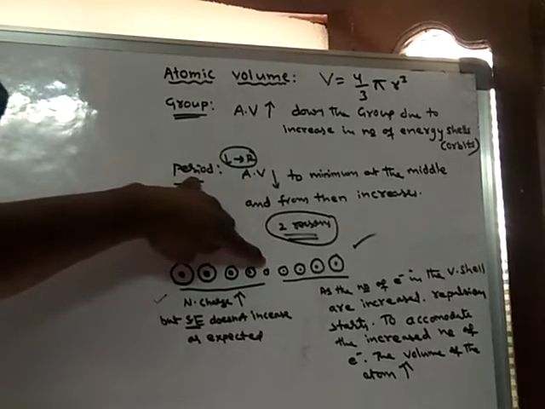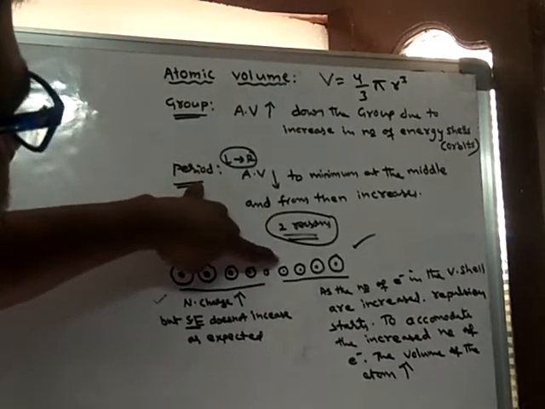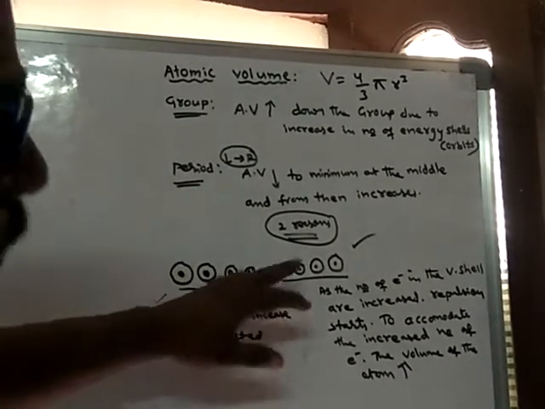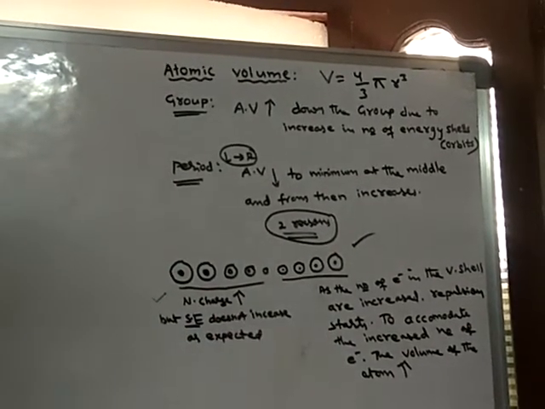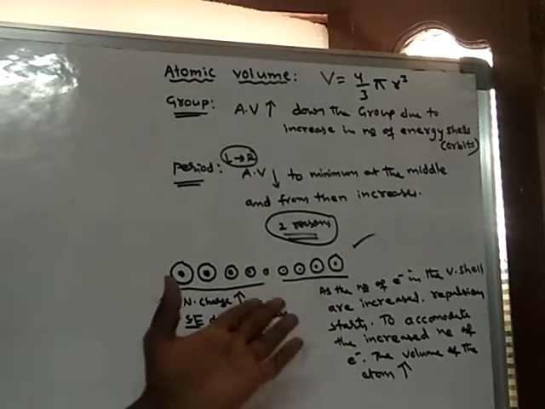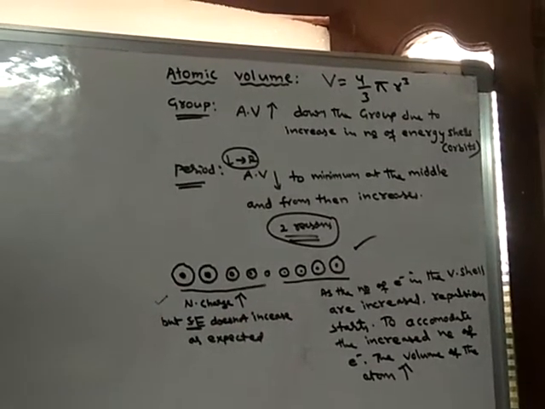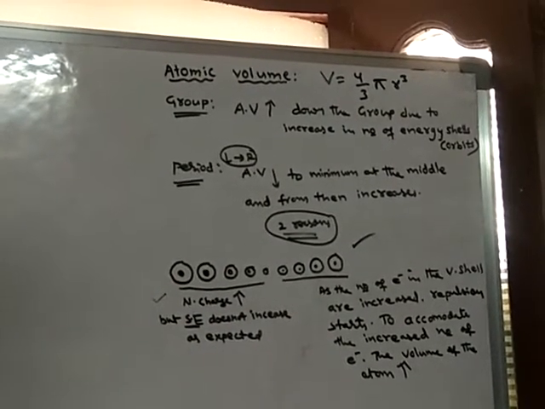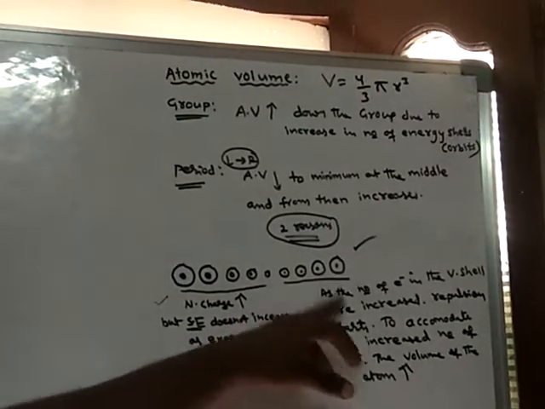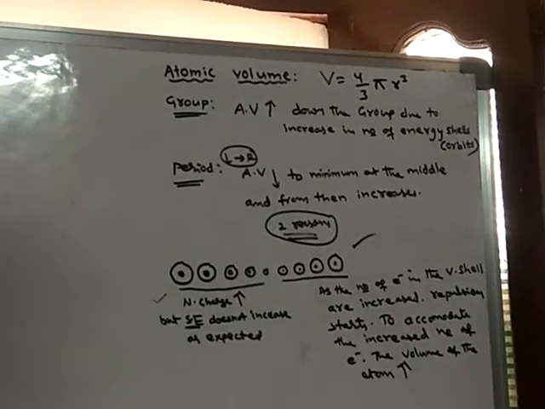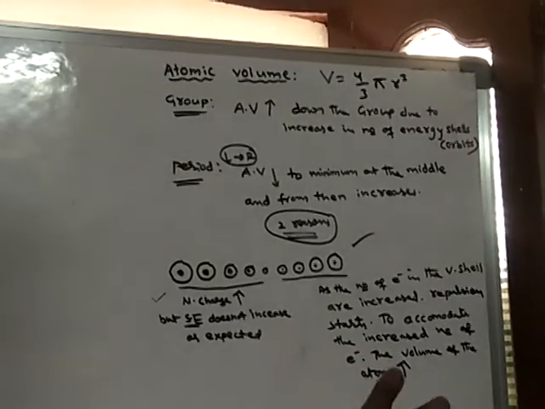From here onwards, 5, 6, 7. So now the number of electrons in the orbit is increased beyond the minimum level. If that is the case, then repulsion starts. So in order to accommodate the increased number of electrons, the volume of the atom automatically increases.